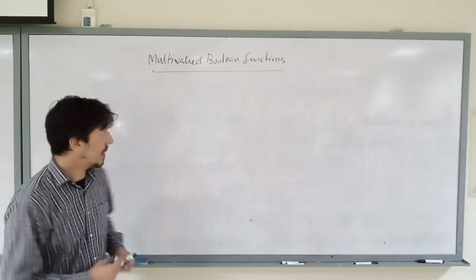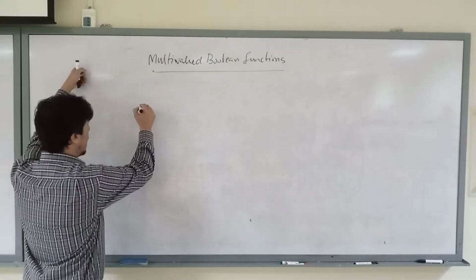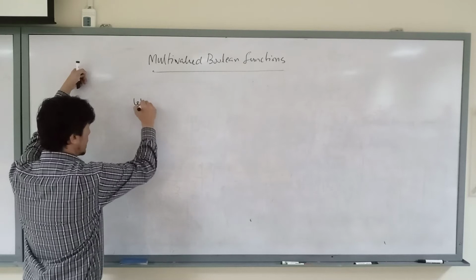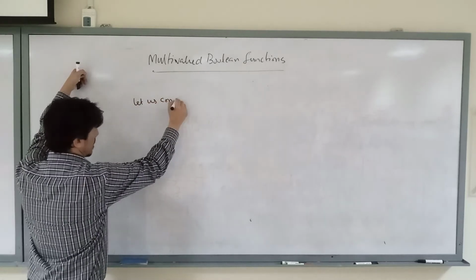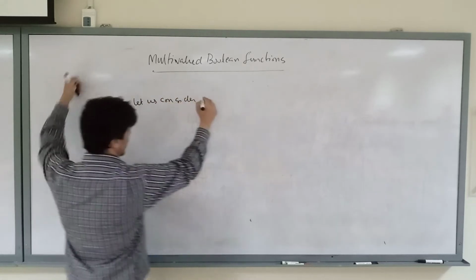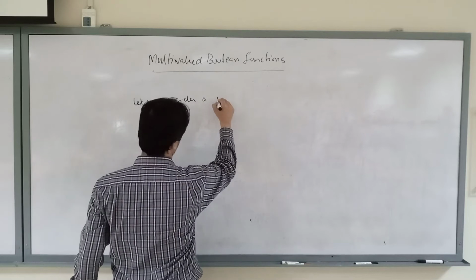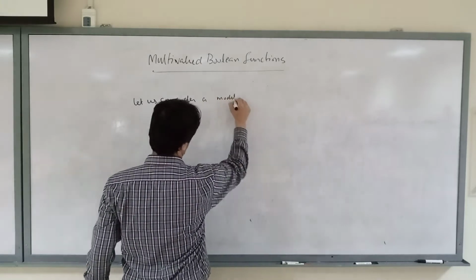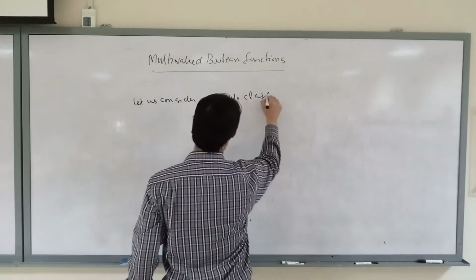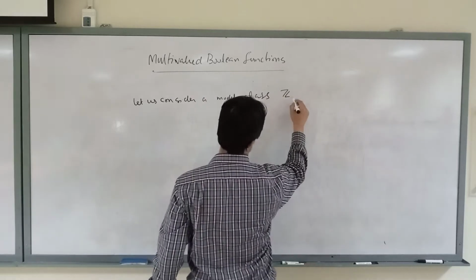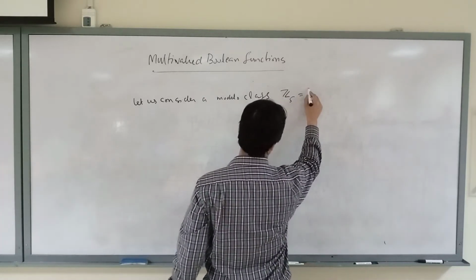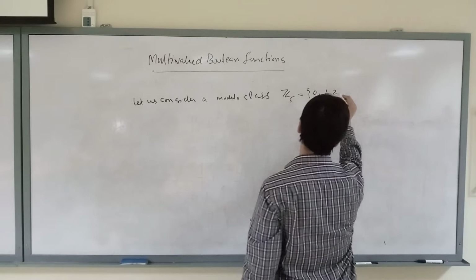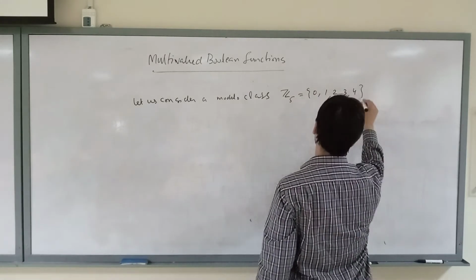So let us consider a modulo class Z5, which is 0, 1, 2, 3, 4.